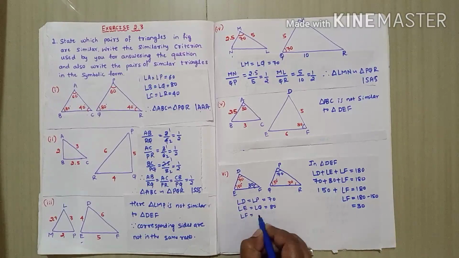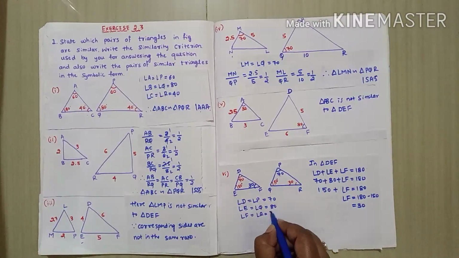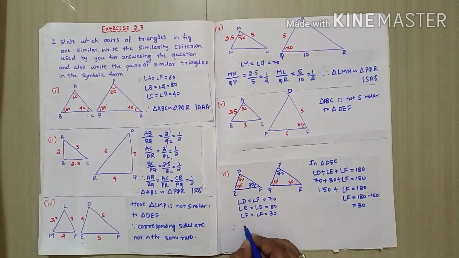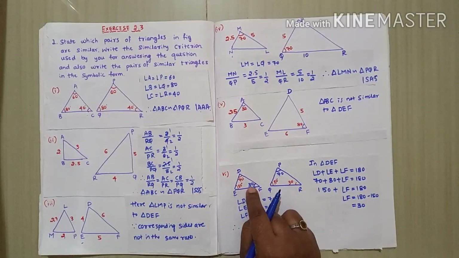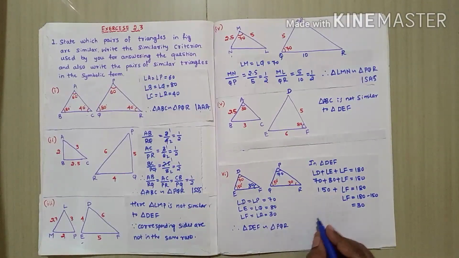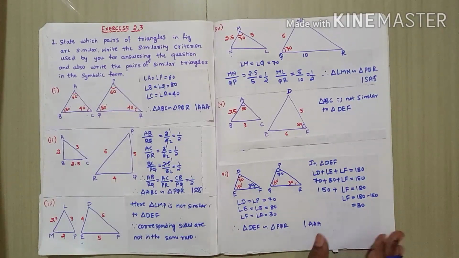Angle F is equal to angle R is equal to 30 degrees. Therefore triangle DEF is similar to triangle PQR. Here one angle was not given; we found it by the angle sum property. By which criteria? Here also angle criteria.